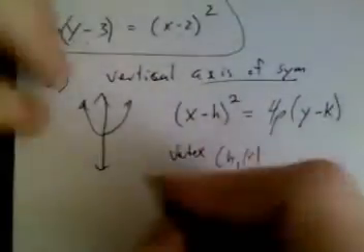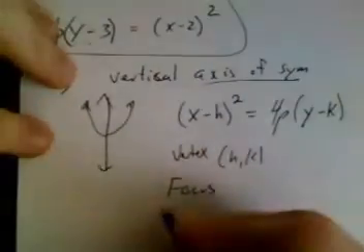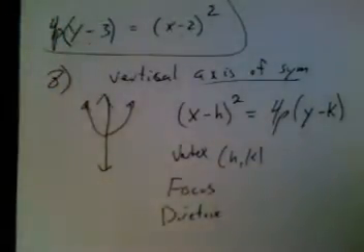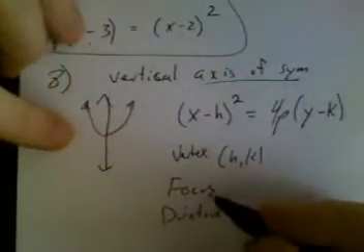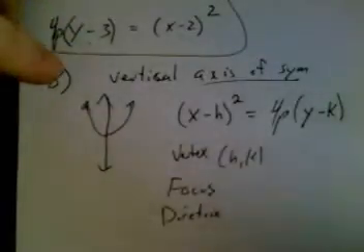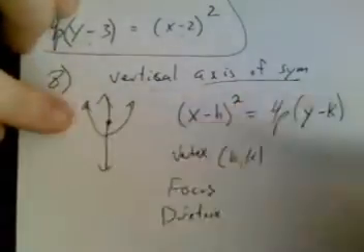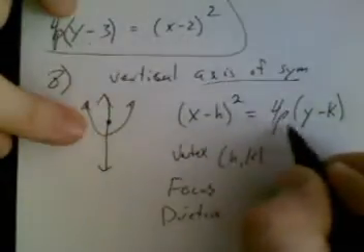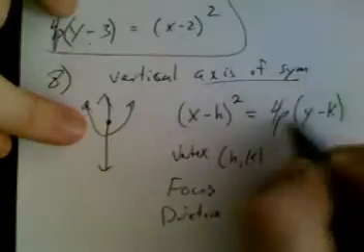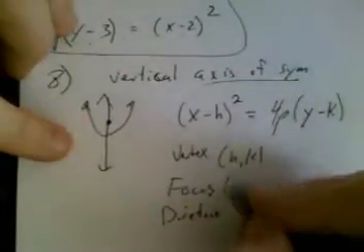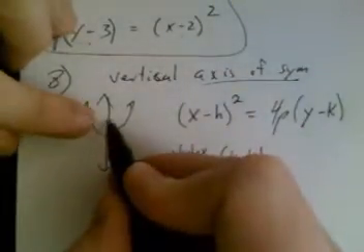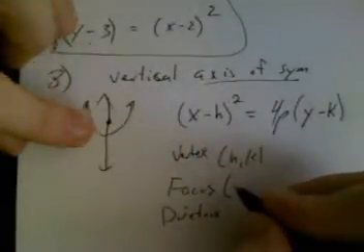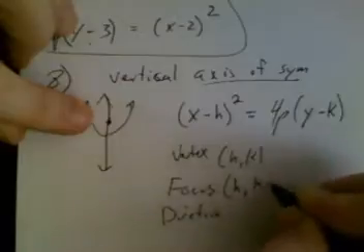What does that imply for the focus and the directrix? Well, we have to deal with these very carefully. First of all, where was the focus before? It was p units above the vertex. If the only thing that's really changed is this being shifted around and the p value doesn't change, then the focus is really going to be p units above the vertex. So if I'm moving it vertically, it's (h, k plus p).